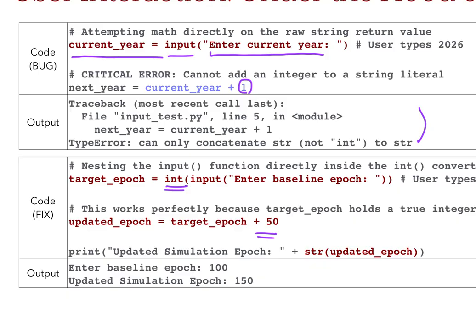But if the user types some decimal point number, say 3.14, then that conversion with the int function will fail, and Python will give you some error message. Right? So that's what we studied so far.